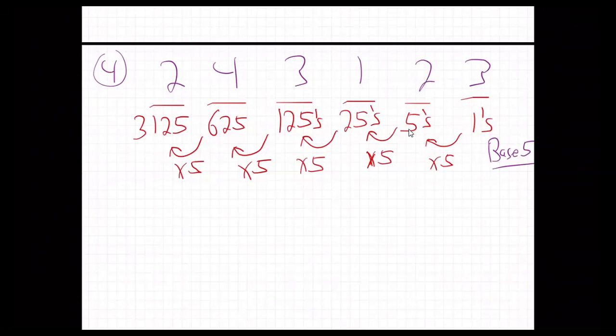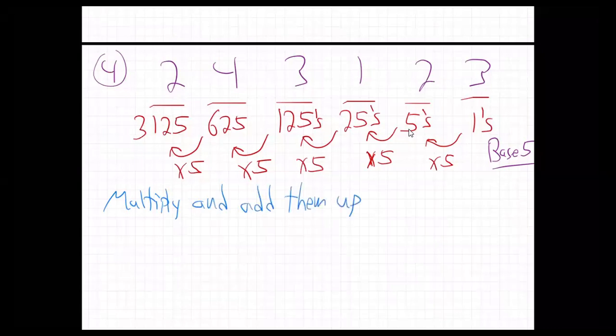And now, what am I going to do to finish getting to my final answer here? It's my last step. Multiply the two numbers. There it is. Yep, we multiply and add them up. So I'm going to go times 2 times 3125.